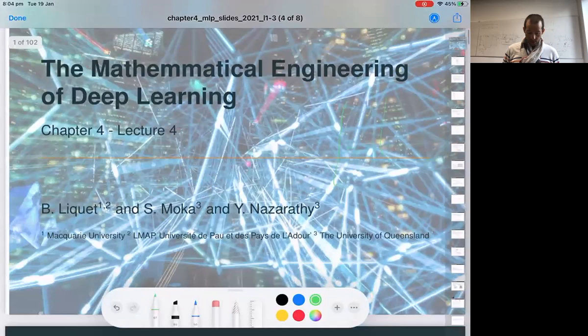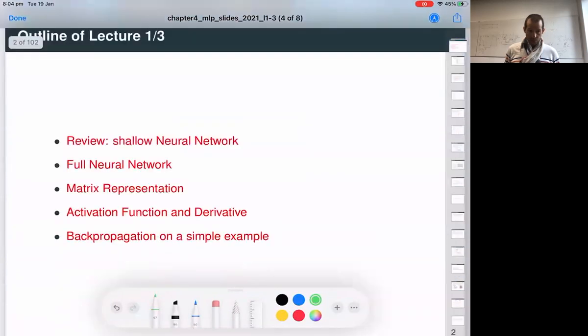Okay, so the first part of the lecture will be a review of the shallow network, very fast. And after we will go through the full neural network, with the matrix representation of the full neural network. I will provide you some activation functions and the derivatives of the activation functions. And we will come back to the backpropagation on a simple example.